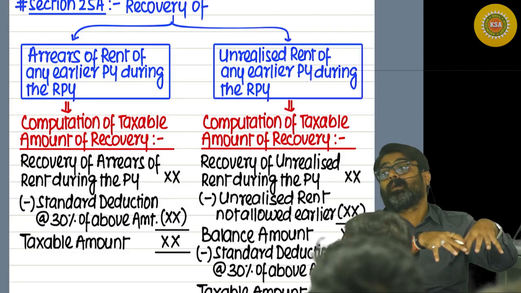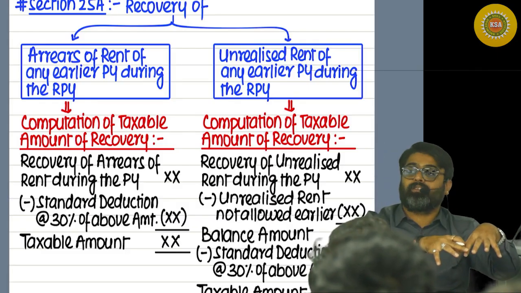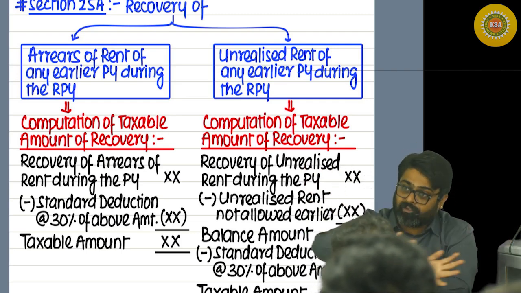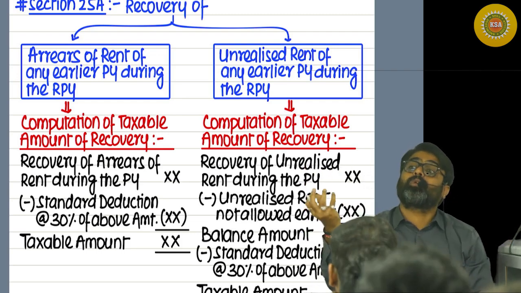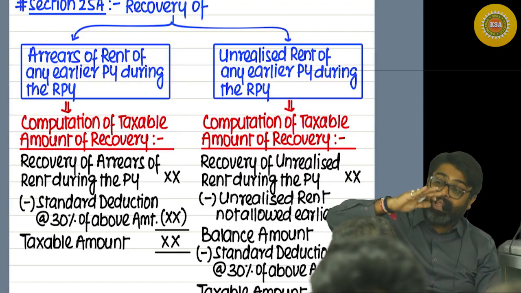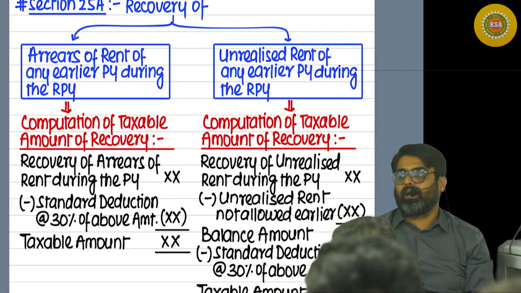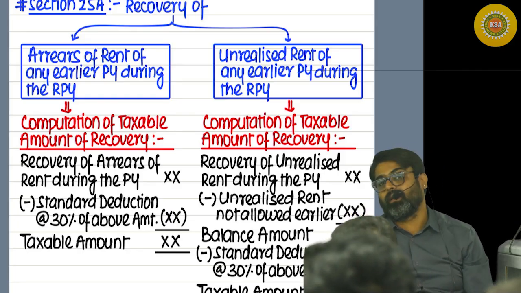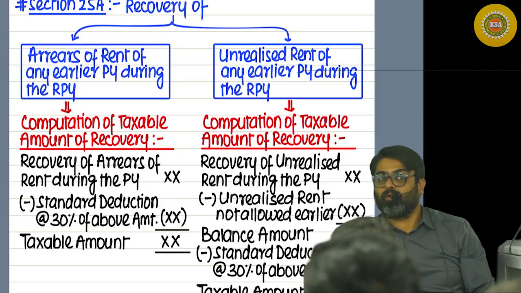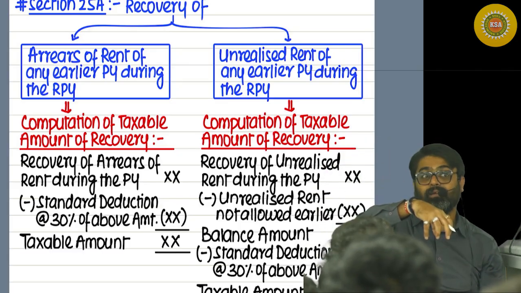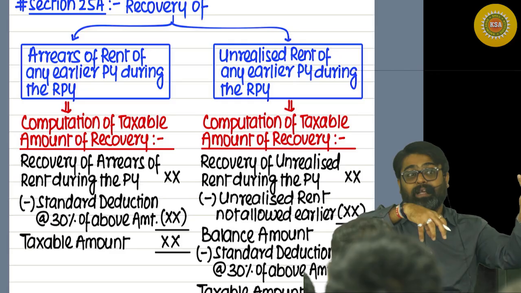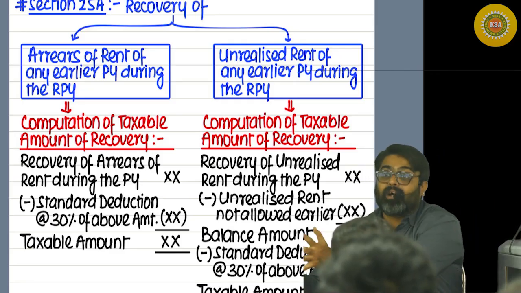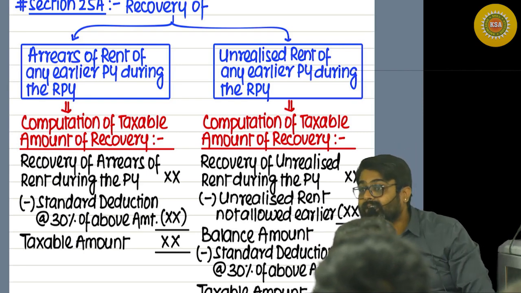Now, if all the conditions are fulfilled, then it is eliminated. It means that this much amount of rent which is already eliminated has not suffered any tax. Why? Because it was shown as a part of your calculation, but since you fulfilled all the conditions, you were allowed the deduction, meaning this much amount of income is not taxed.